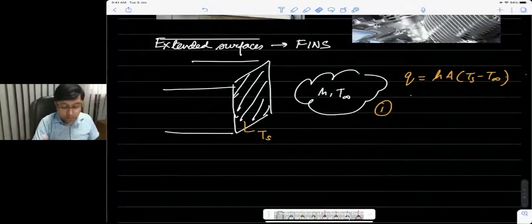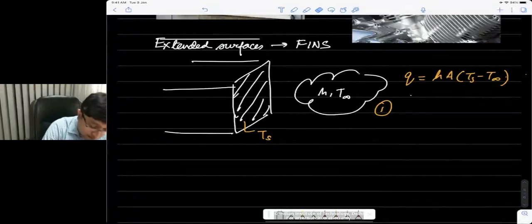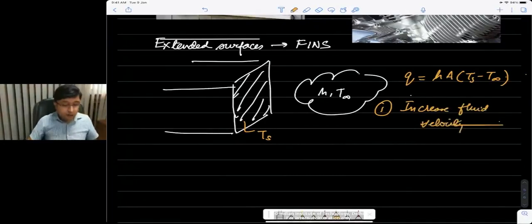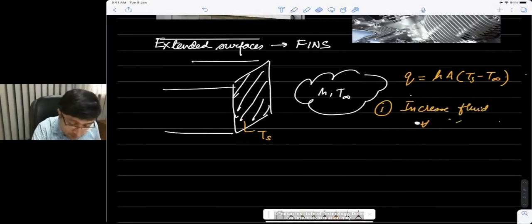And we know that as fluid velocity increases, h also increases. So we could increase fluid velocity.